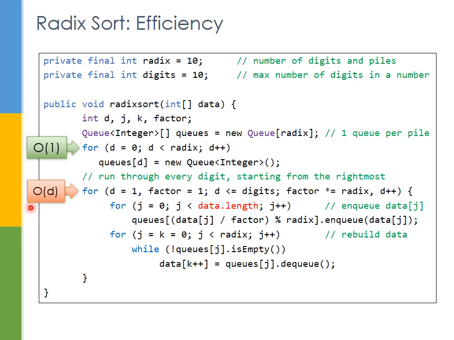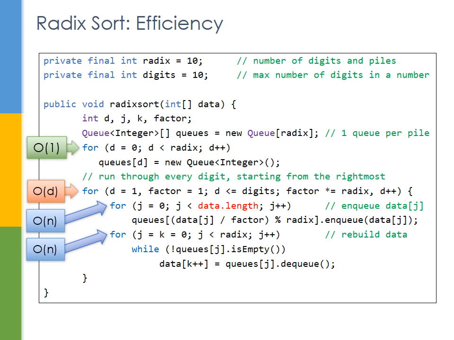So the complexity is O(d), where d is the number of digits that need to be processed. Then if we look at this nested for loop over here, we can see that it runs from subscript 0 to 1 less than the number of elements in the data array. So it executes n times, meaning that its complexity is O(n).